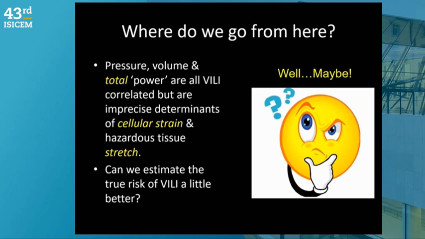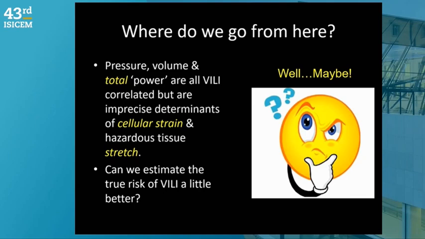When you talk about power, and you tell me that a power level of 17 joules per minute is super dangerous because it's correlated with mortality, to me that makes an impact, but it doesn't make any sense.